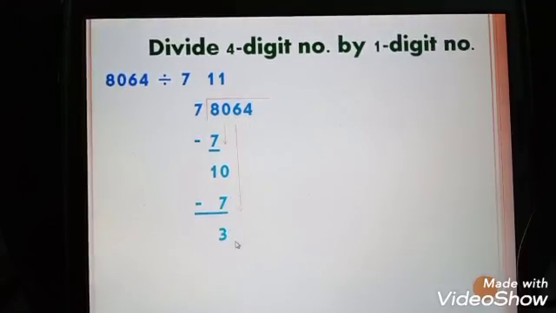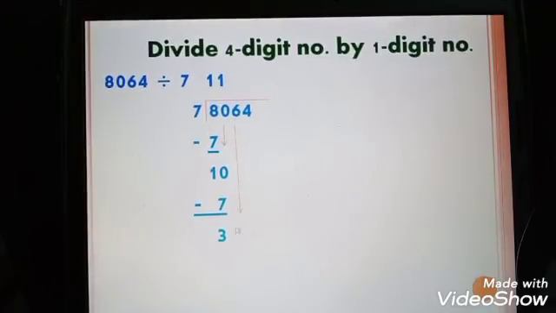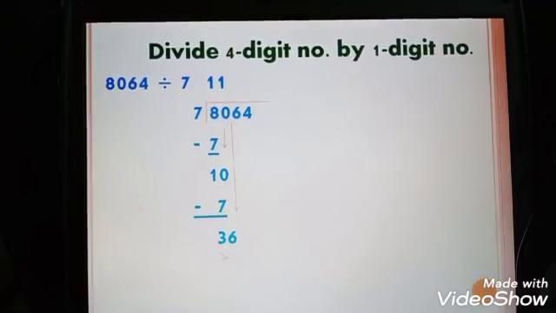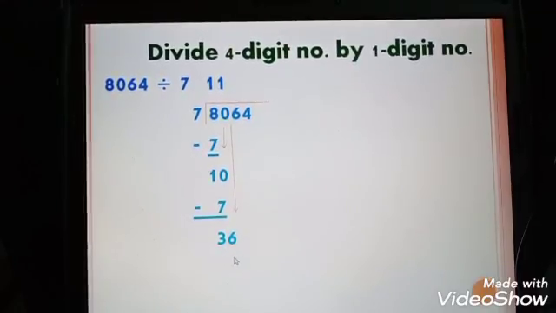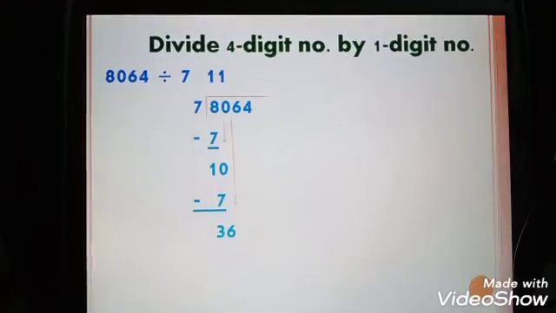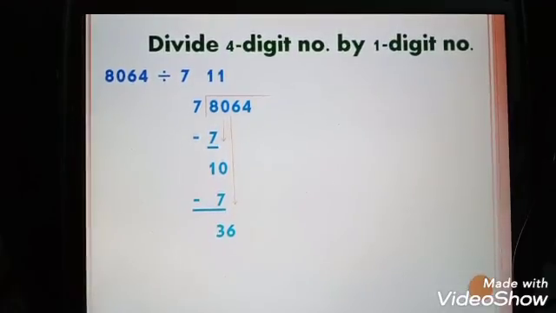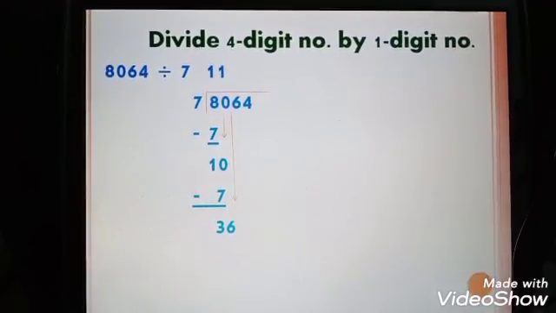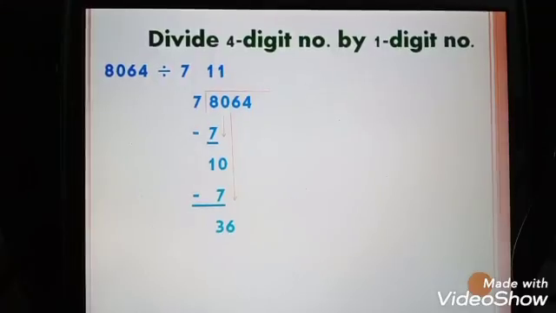Now borrow 6, the other number. Now we will borrow the 6 down. So it becomes 36. Now in table of 7, 36 will not come. The smaller number which comes before 36, say the table: 7 1 are 7, 7 2 are 14, 7 3 are 21, 7 4 are 28, 7 5 are 35, 7 6 are 42.